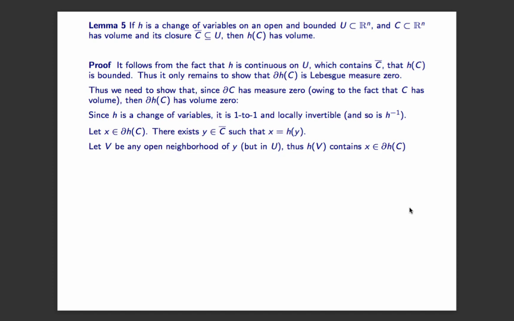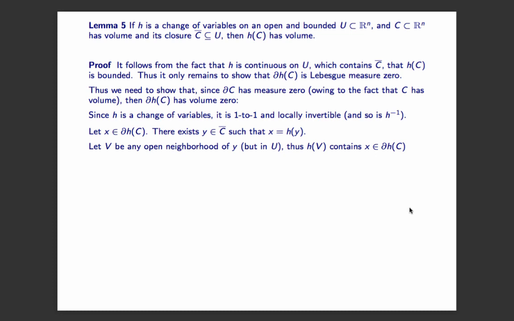Now let V be any open neighborhood of y. Now, maybe V is contained in the interior of C, maybe V is contained in the exterior of C, or maybe V straddles the boundary of C. Of course, we're going to show that it can only straddle the boundary of C. So V is any open neighborhood of y, but of course contained in U because that's our universe for now.